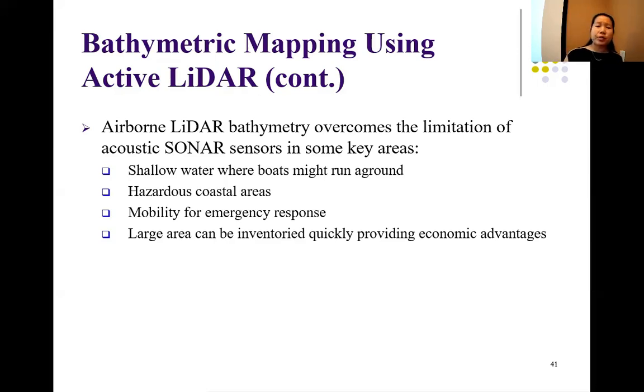Also, the sensor can map a large area. A large area can be inventoried quickly, providing economic advantages. So nowadays, you see more applications of these kinds of sensors. Once they can afford it, you will probably see more and more data acquired by these kinds of sensors.